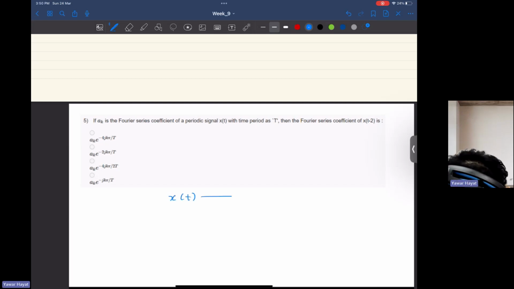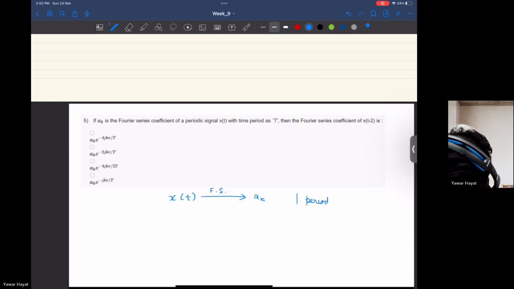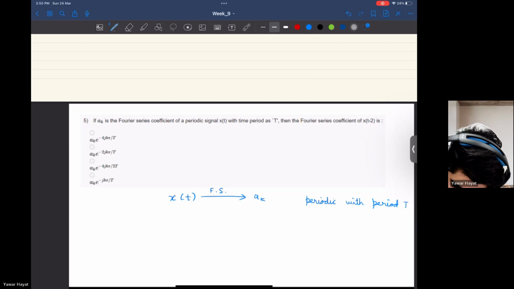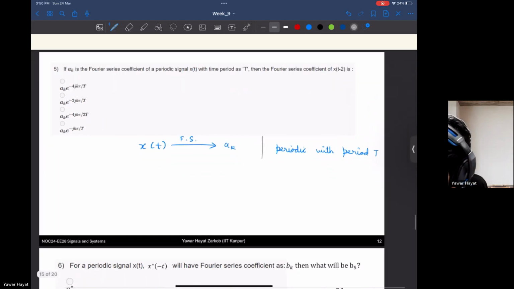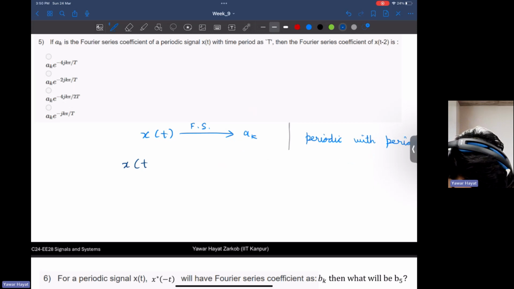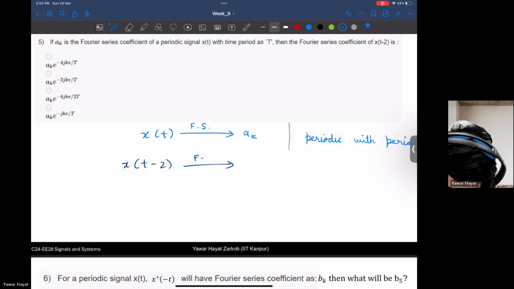Given x of t has Fourier series coefficient ak, and this is periodic with period T, then the time shifted signal x of t minus 2 will have Fourier series coefficient of same magnitude, right?